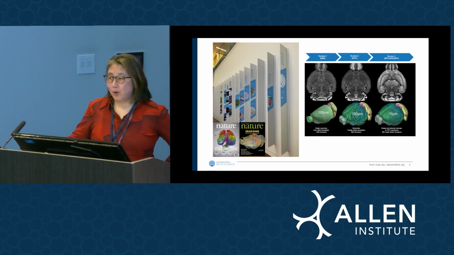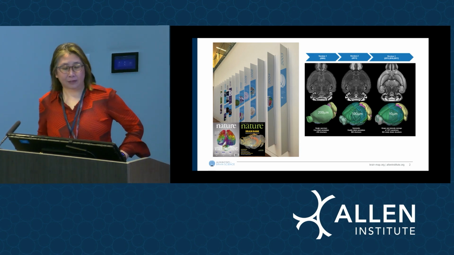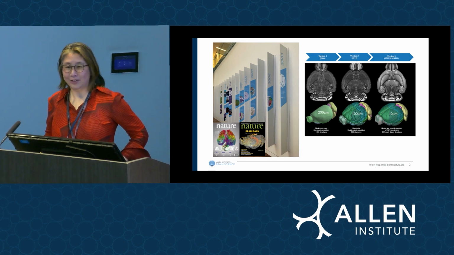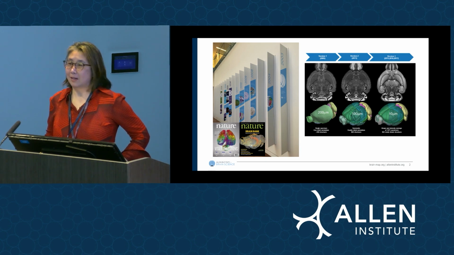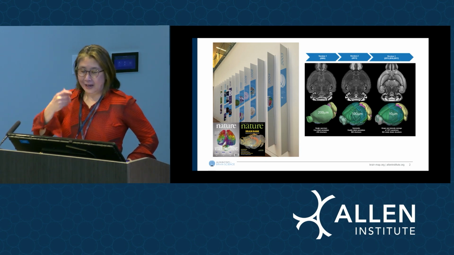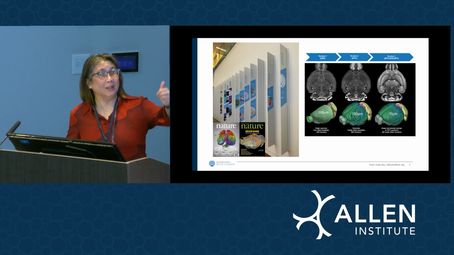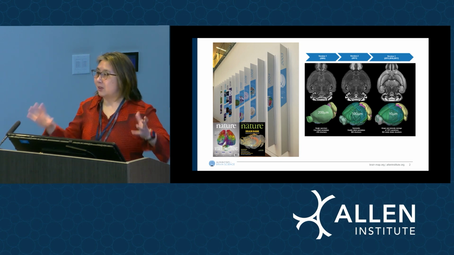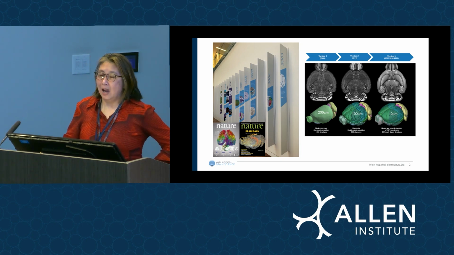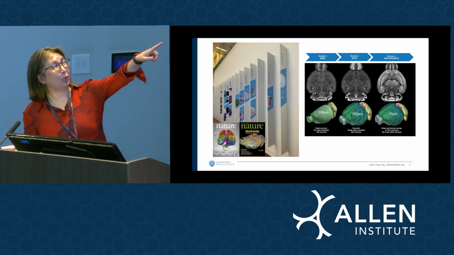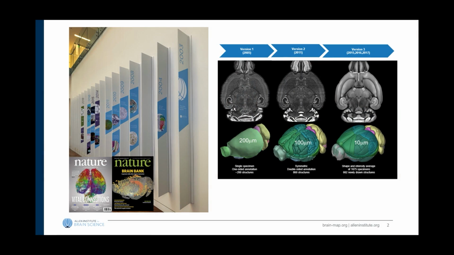So that was our first redo of the atlas in 2011, in which we said, okay, we're just going to take every drawing that was done in the book atlas and stick it into the CCF. Then we upped the sampling to 100 microns, and that was really the first version of the connectivity atlas. All the results from that paper were with this version of the CCF.